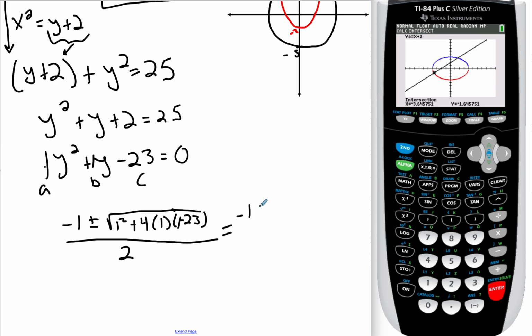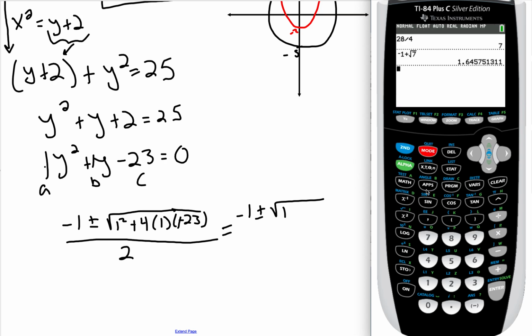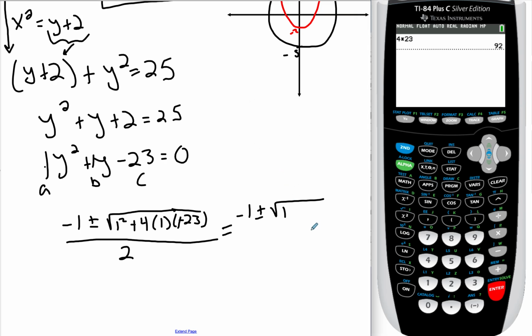So now I'm going to simplify. I've got -1 plus or minus the square root of 1 plus 92, over 2. Let's just go over here since I've got my fancy calculator. Right, because if we're on a quiz or a test, in this case, we're going to have a calculator. 93 is not going to be easy, that's for sure. 93 is not going to divide by any perfect squares.